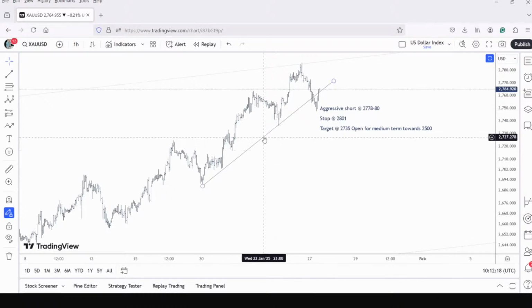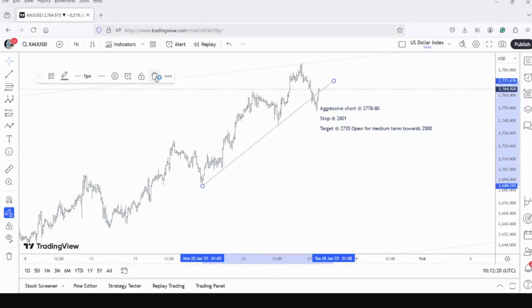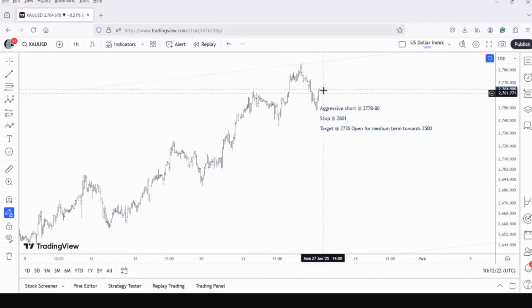That's why we are getting down on this time frame, because we have already taken shorts around 2780 on Friday. If you want to re-enter, just allow some more space towards 2770. Stop loss around 2801, and you can remain open, or you can just target 2735 in the short term.